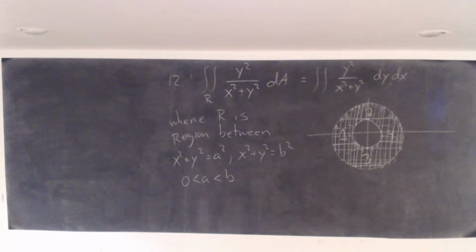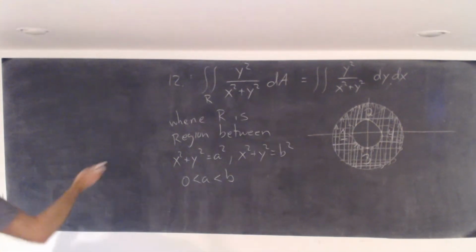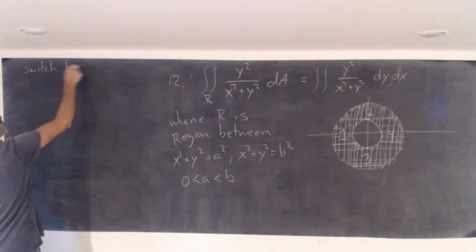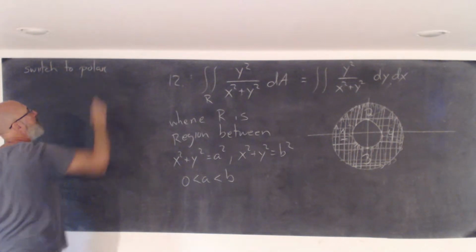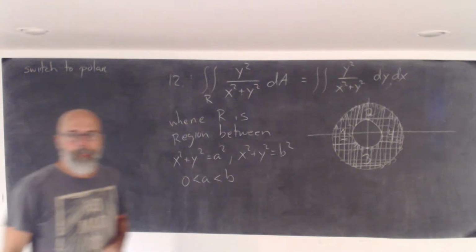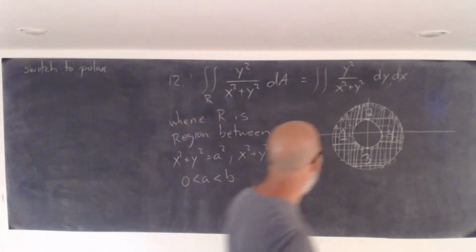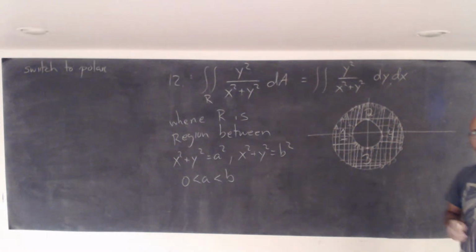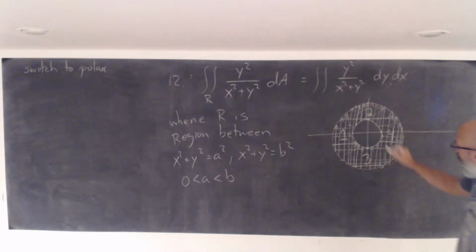Instead, we're going to switch to polar. Because how do you describe this in polar coordinates? How does r vary?